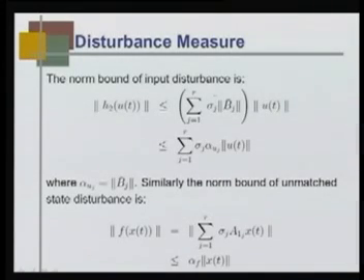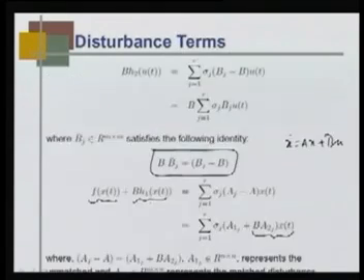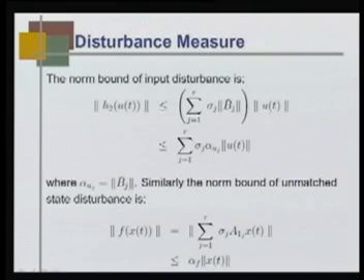The norm bound of the input disturbance is h 2 u t. You see, h 2 u t is given here, and this is the sum over j of b bar j u t, j equal to 1 to r.